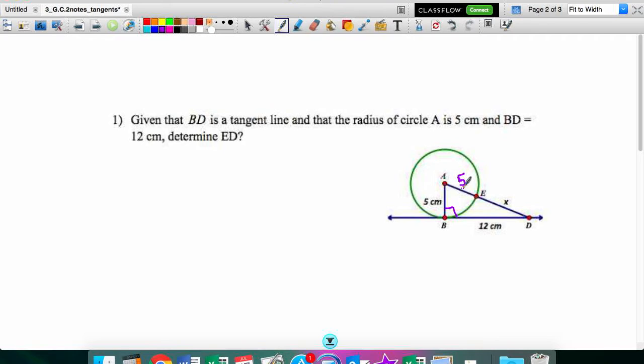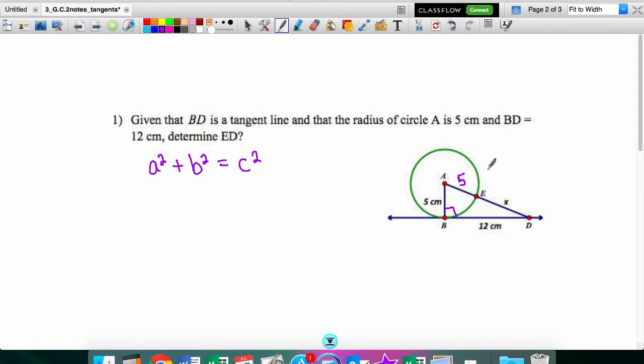Since I have no additional angles beyond the right angle, this is actually leading me to the Pythagorean theorem. So let's go ahead and set up the Pythagorean theorem for this problem, and hopefully we'll be able to solve for x. So the Pythagorean theorem is a squared plus b squared equals c squared. The most important side to fill in the Pythagorean theorem is the hypotenuse, the c.